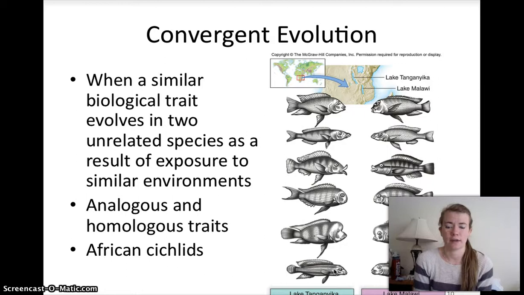Then there's also convergent evolution, which you guys should be pretty familiar with. So convergent evolution is when a similar biological trait evolves in two unrelated species as a result of exposure to similar environments. So you guys remember this, analogous traits and homologous traits. So for example, the bird and the bat, they show convergent evolution.